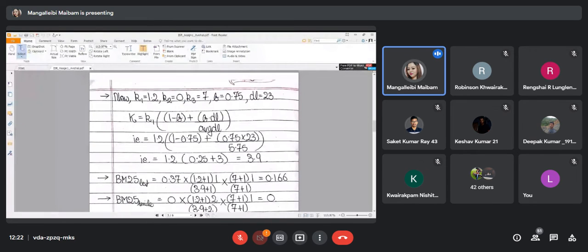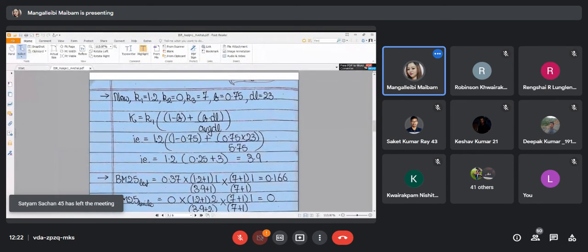The k calculation you can see for your reference. 1.2 is here. I have done the calculation 1 minus 0.75 plus all this calculation inside, all multiplied by 1.2 at last. So I got 3.9. So my 4.8 was a wrong calculation. So you have to change that one.